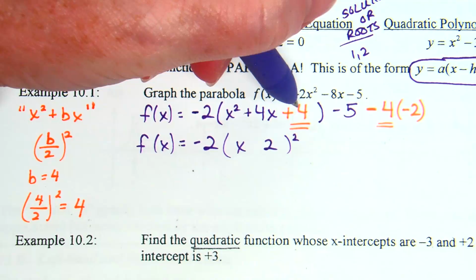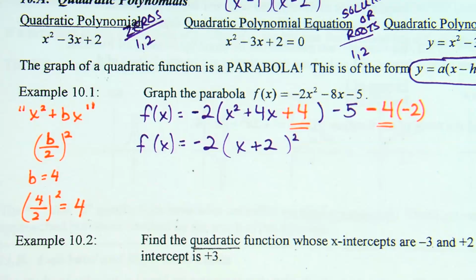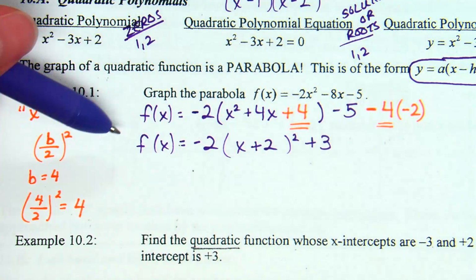Clean up the outside. We had minus 5 and minus 4 times negative 2. So minus 5 minus 8, or excuse me, minus 5 plus 8. So this right here, we have gotten it in vertex form.